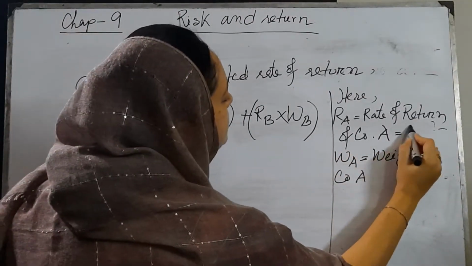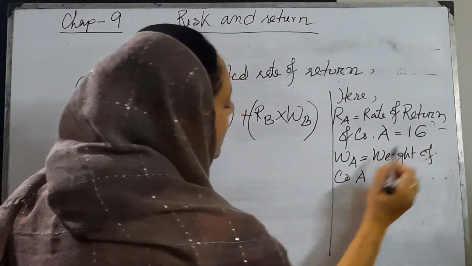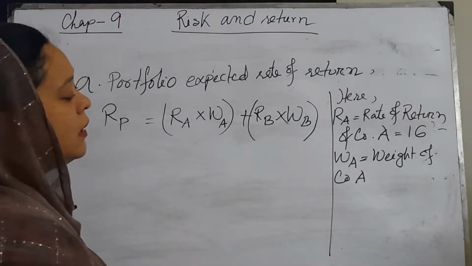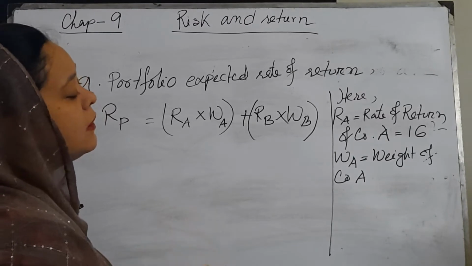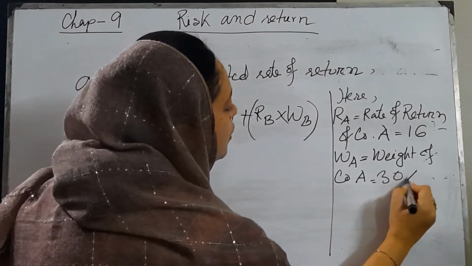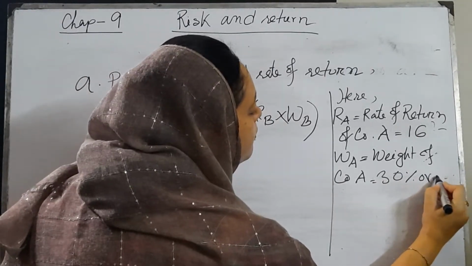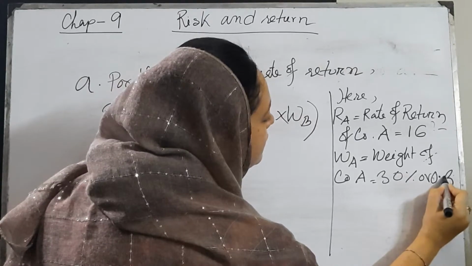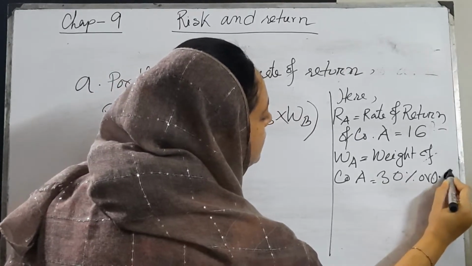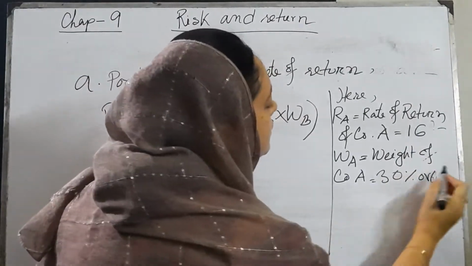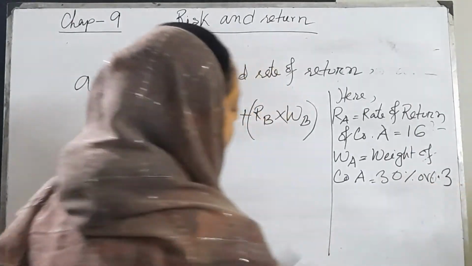The rate of return is 16% for project A and the weight, already in the STEM I saw that project A's weight is 30%. It means 30% or 0.3. I highlighted here 0.3.